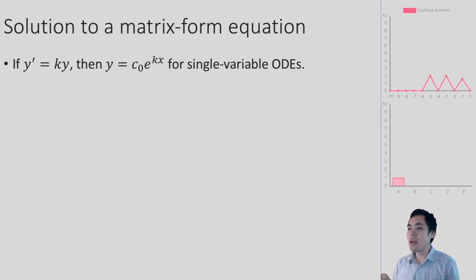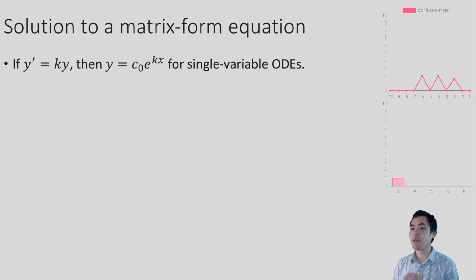Well, we solved over the last couple weeks that y is equal to some constant times e to the kx for single variable ODEs, right? You can pretty easily figure this out using the method for constant coefficient linear first order systems, or you can use an integrating factor. Or often you can just use separation of variables, and that will also allow you to solve this. So that was something we solved earlier.